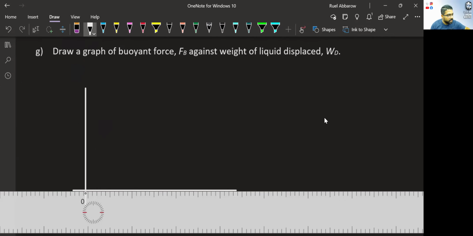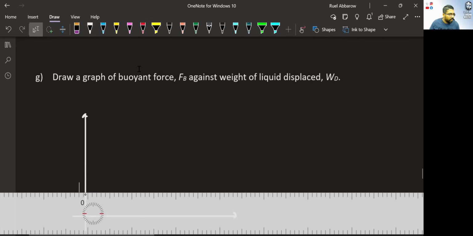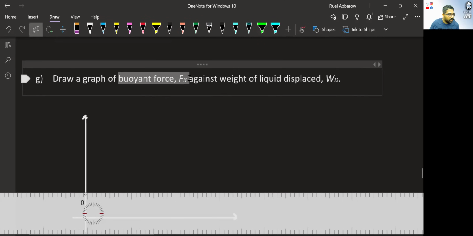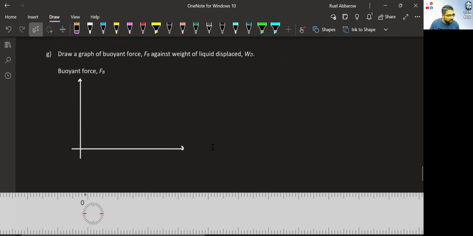So I'm going to show you that here. The y-axis will be buoyant force. Okay, so we just put it there. And then the x-axis will be weight of liquid displaced. Now, this is not complete. What is missing? I hope that you realized it right away.